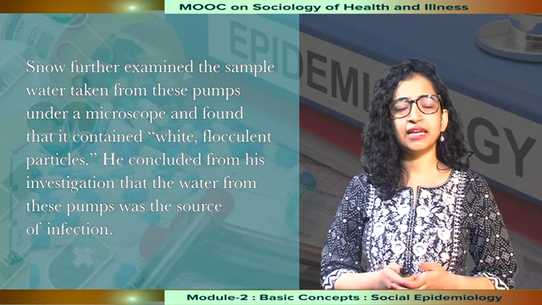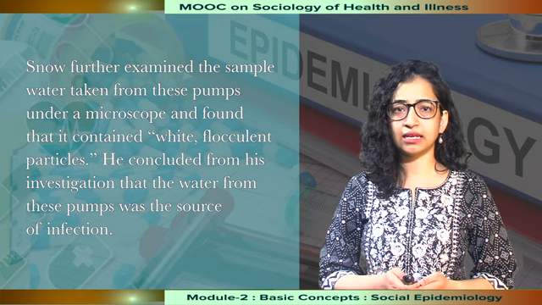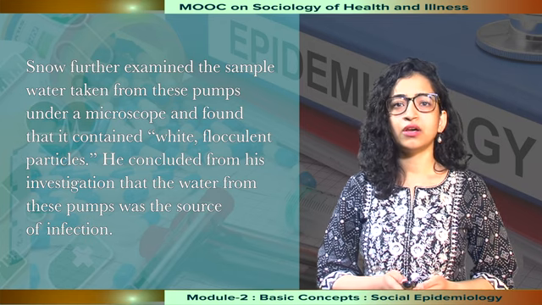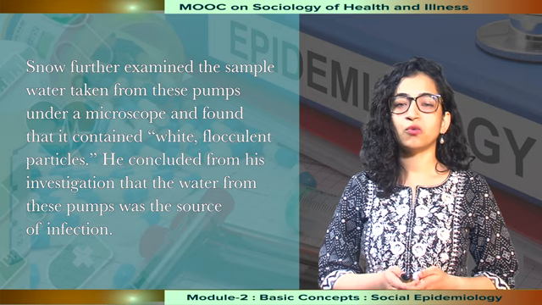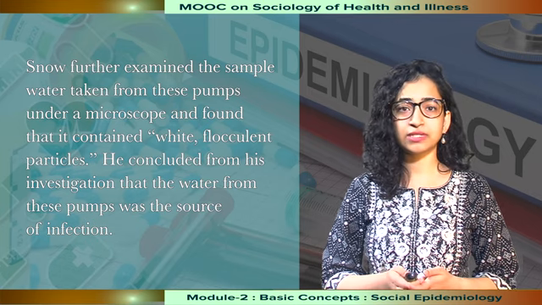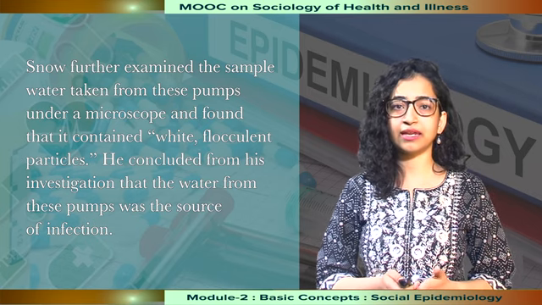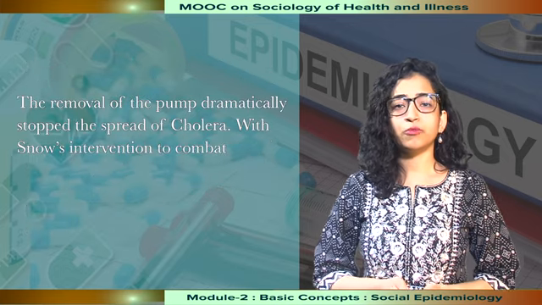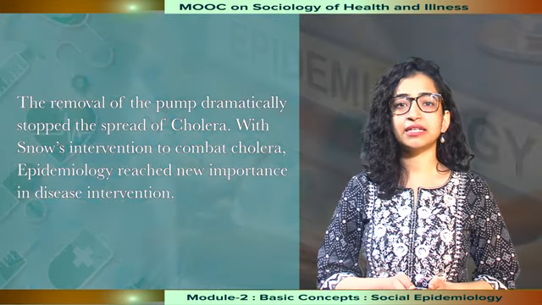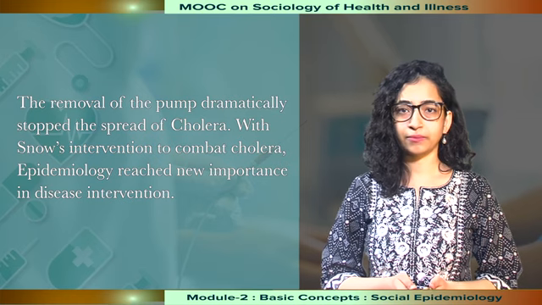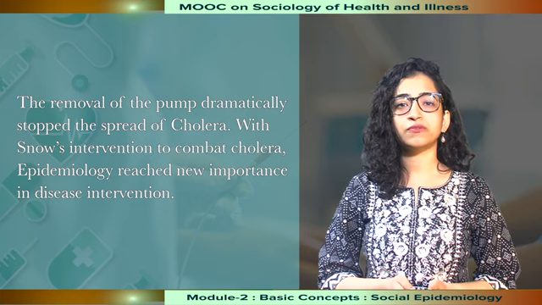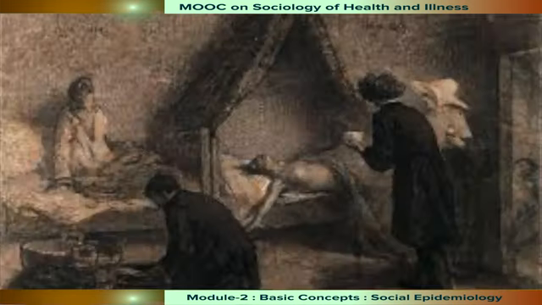From that, he concluded his investigation and said that the water from these pumps was the source of the infection affecting the people surrounding the area. So the removal of the pump dramatically stopped the spread of cholera. With Snow's intervention to combat cholera, epidemiology reached new importance in disease intervention.